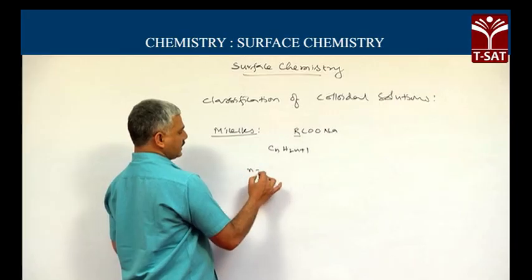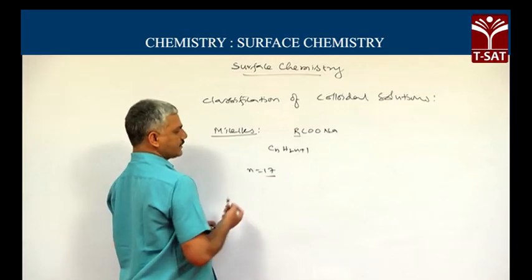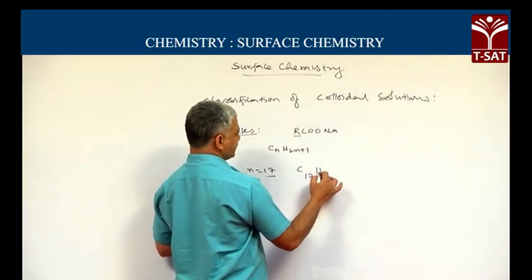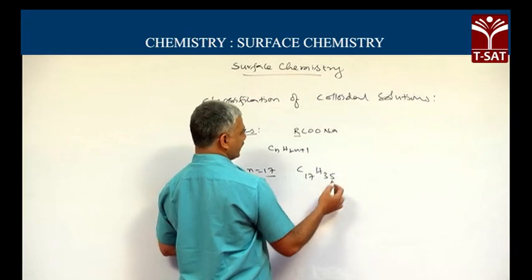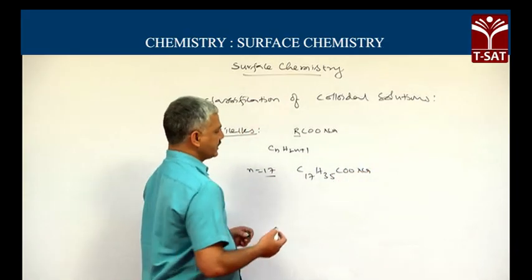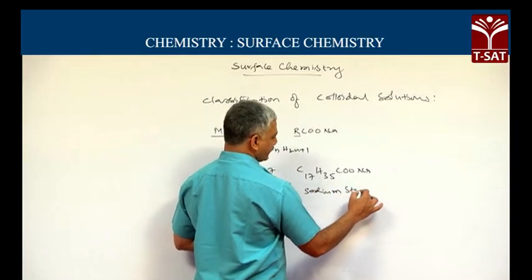Minimum value of n is 17. If I put 17 in place of n, the resultant soap can be represented as C17H35COONa, which is known as sodium stearate.